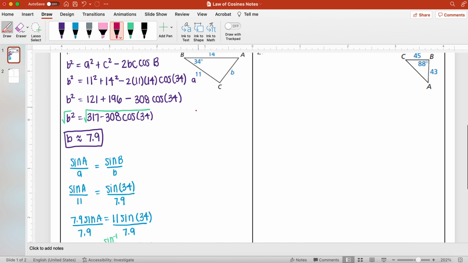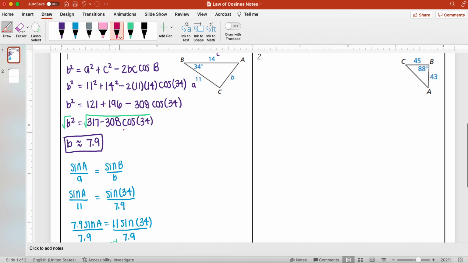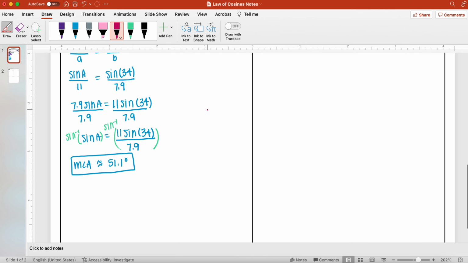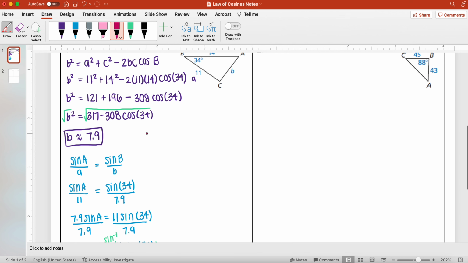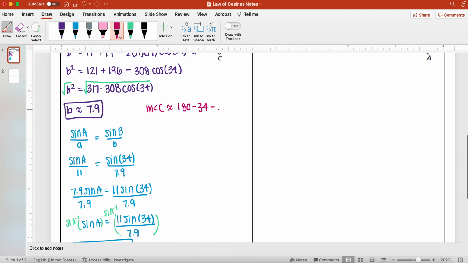And now I just need to find measure of angle C, but since I know the measure of angle A and measure of angle B, just like what we did before, that means the measure of angle C is approximately 180 minus 34 minus 51.1. So go ahead and subtract those.